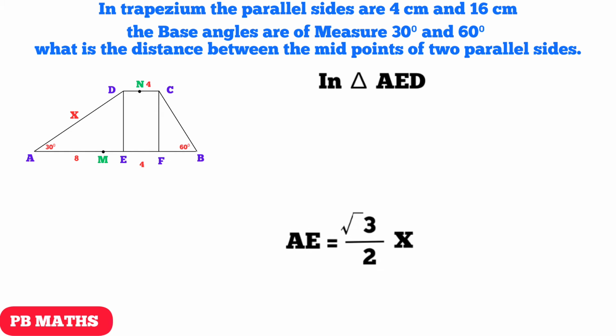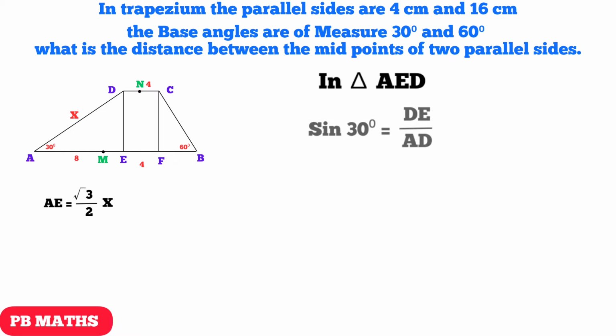Then let's try to find out the length of FB. To find the length of FB, we need the length of CF in the right angle triangle CFB. We don't know that, but we know that CF equals DE. So in triangle ADE, let's figure out the length of DE, so we can use it as the length of CF. In triangle AED, let's use sin theta.